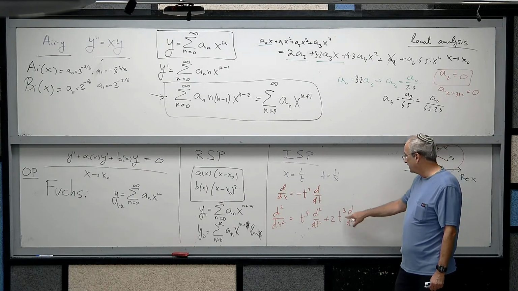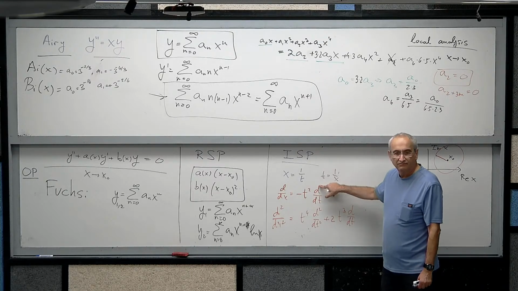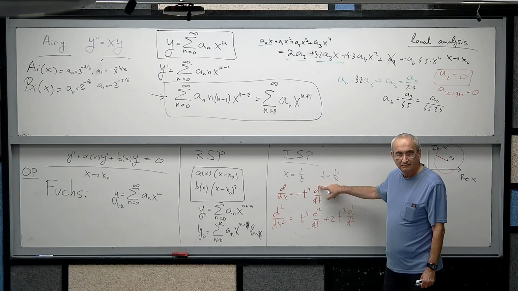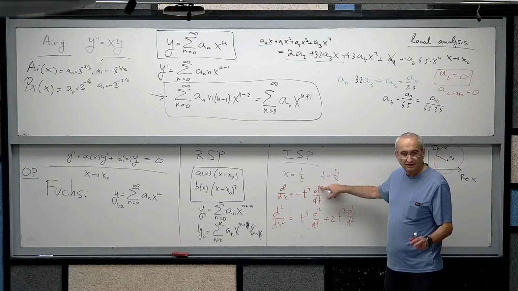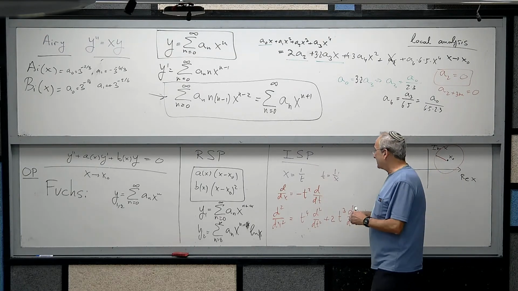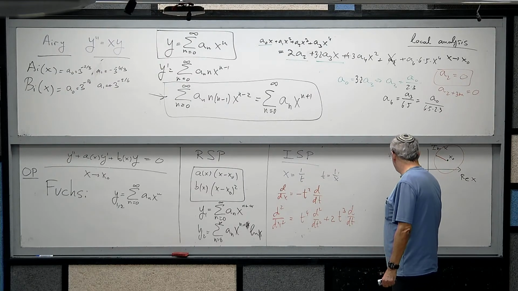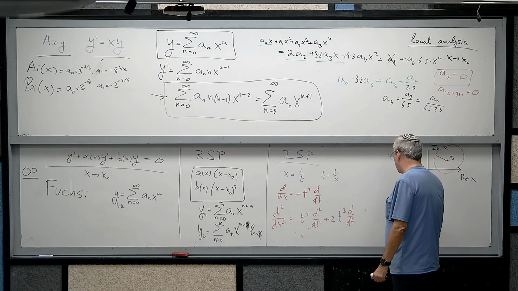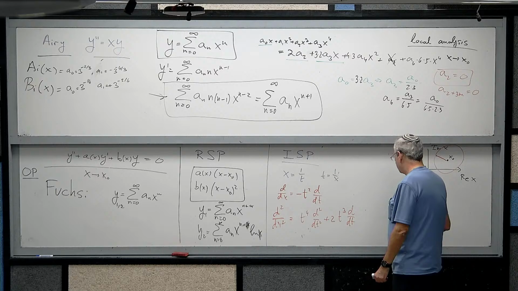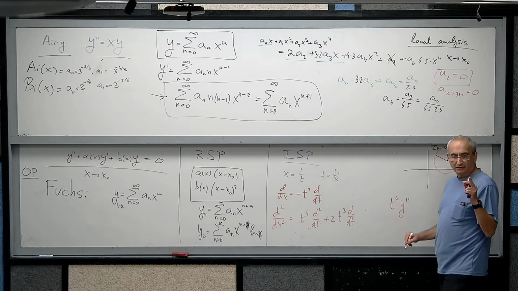See, this is what I get when I work with this on itself. You see that? Okay? So what is any function in terms of t? Any function in terms of t will be t to the 4 y double prime. Y now is a function of t.